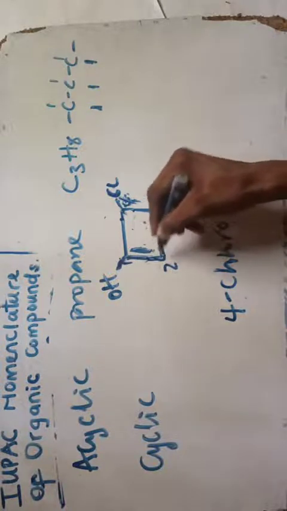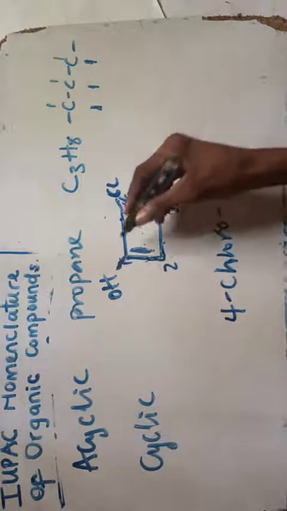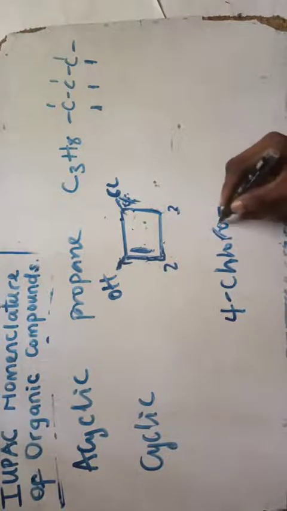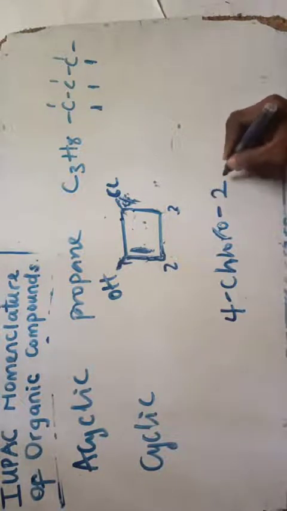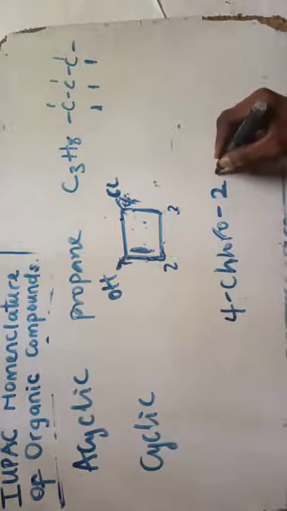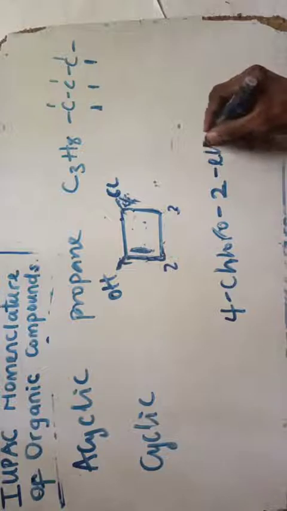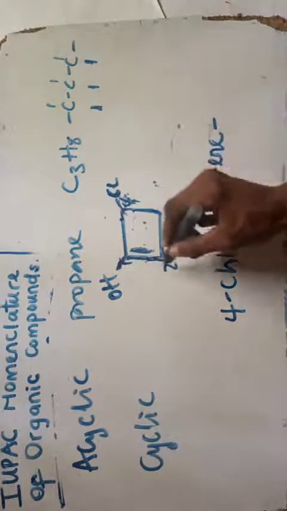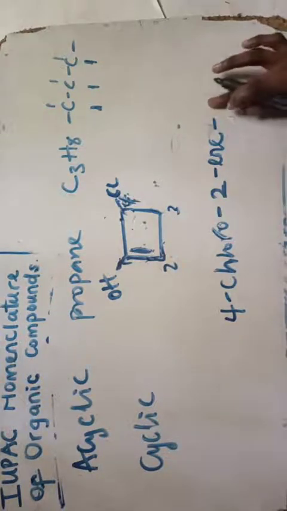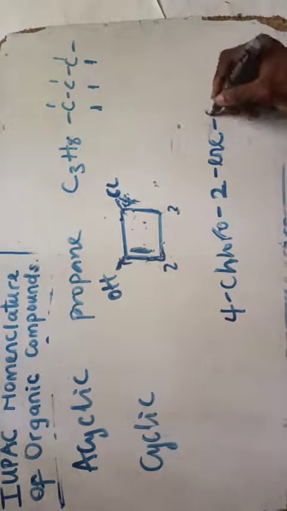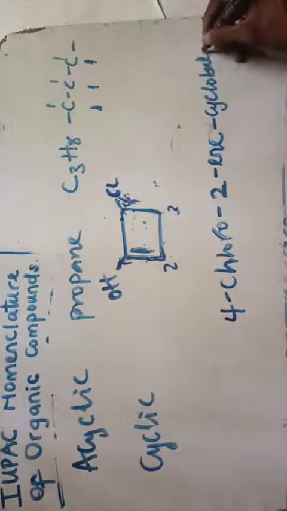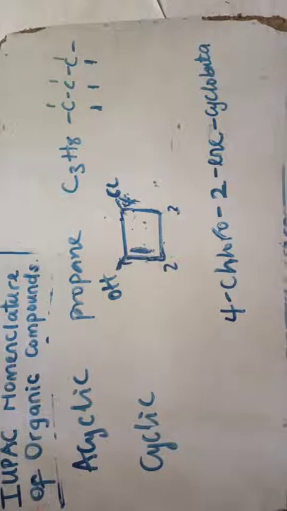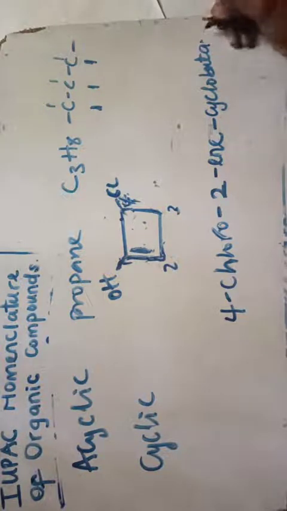Next, I have the number 2. 1, 2. That means this 2 is the one carrying the double bond. So 2 in 1, 2, 3, 4, cyclobutanol.